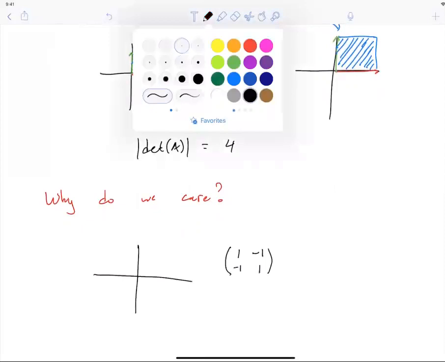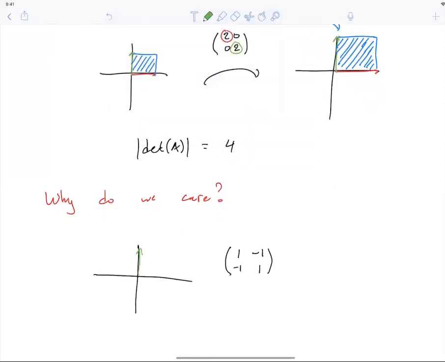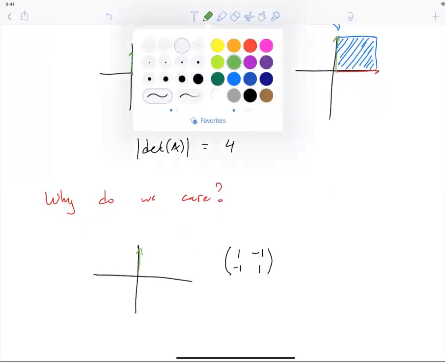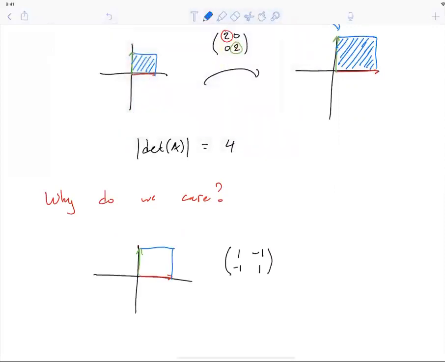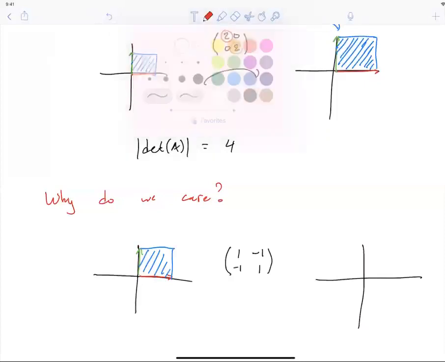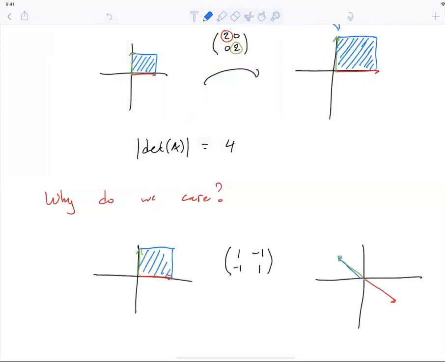And we're going to look at what happens here. We're going to take this same unit box and see what happens. This particular matrix is going to have a reduction in dimension. So what's going to happen is that we're going to end up with these two vectors, and the unit box is now squished.